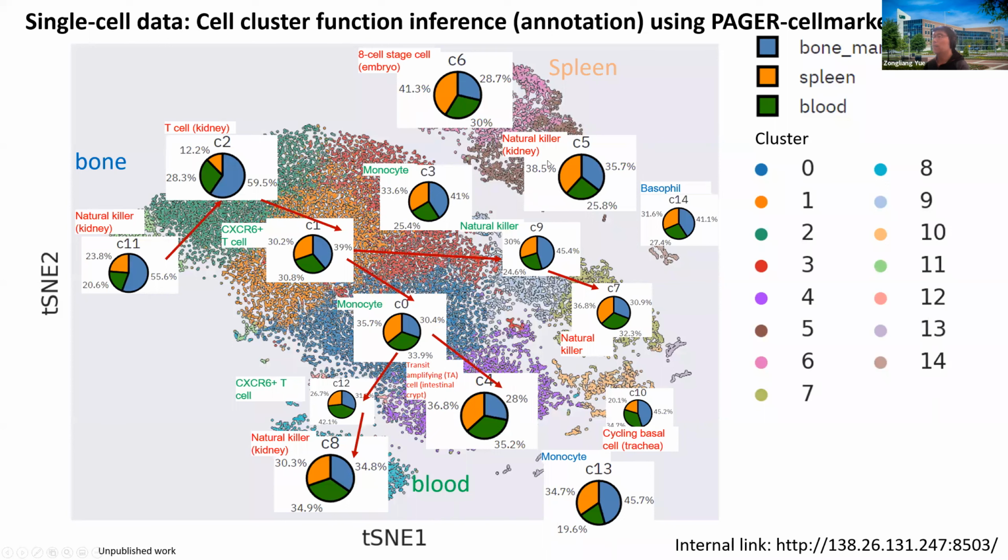Therefore, we can use the cell markers to do the enrichment analysis to infer the context here, whether this cluster would be for which function. For some of these, like this green-colored CXCR6-positive T cells reported in the blood, this cell marker has been enriched in cluster 1.